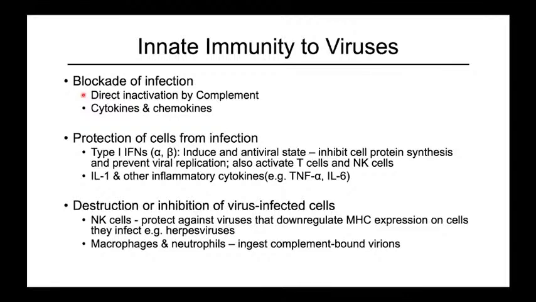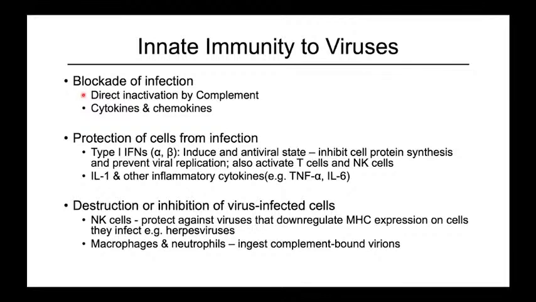These interferons can also activate T cells and natural killer cells. The other cytokines are also important in initiating an inflammatory cascade. So your interleukin-1, tumor necrosis factor alpha, and interleukin-6. The cells of the innate immune system can also destroy or inhibit virus-infected cells.